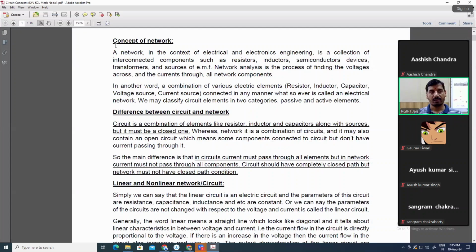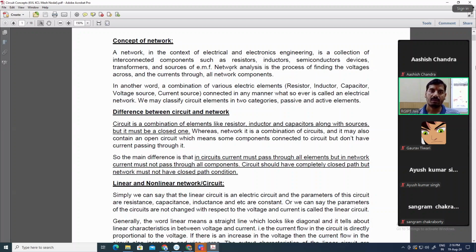You can see here that a network, in the context of electrical and electronics engineering, is a collection of interconnected components such as resistors, inductors, semiconductor devices, transformers, sources. It is an interconnection of passive elements and active devices.